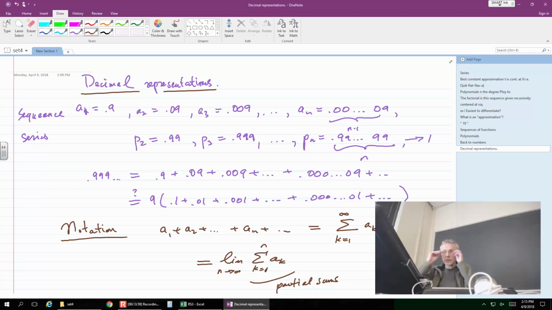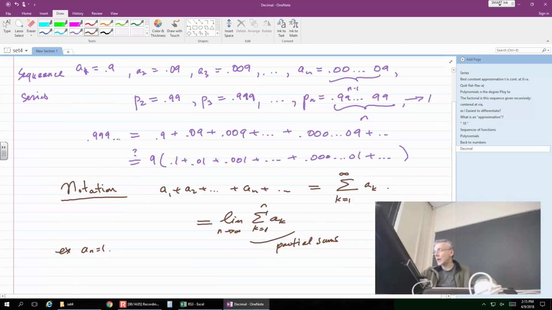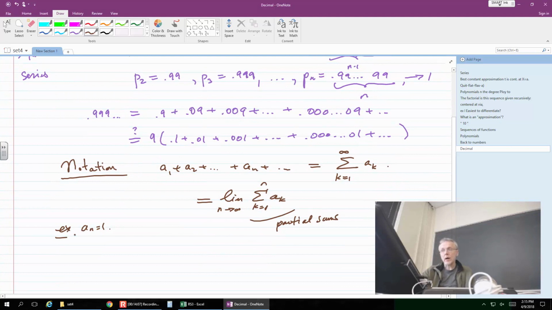It might not exist. It's very easy to think of an example when it does not: a_n equal to 1. You add infinitely many ones, and what you end up with is infinity. So that is to be expected. And there are certainly different types of divergence.